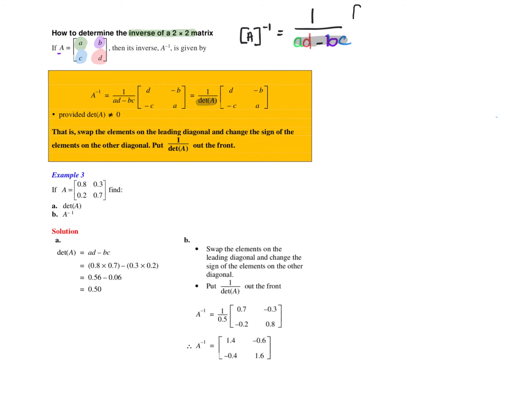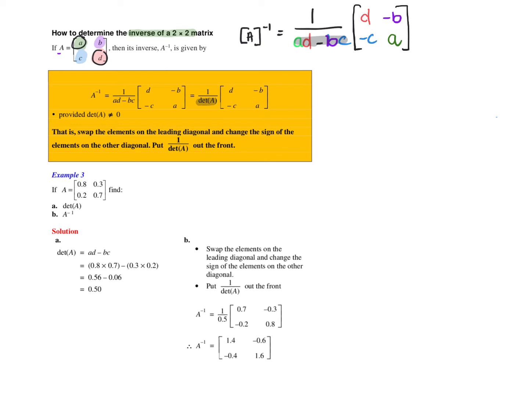Okay, and then we will flip these two numbers, they get swapped around. So you see the D comes up here and the A comes down here. And the other numbers, the B becomes negative and the C becomes negative.